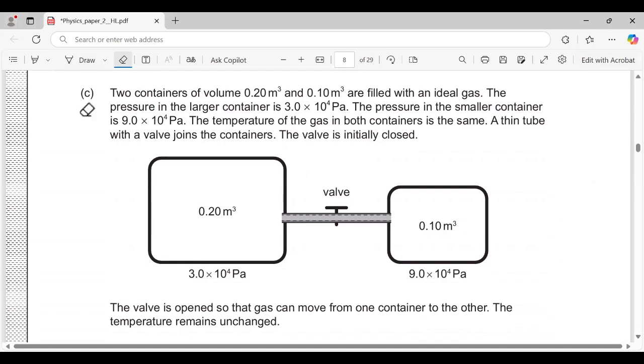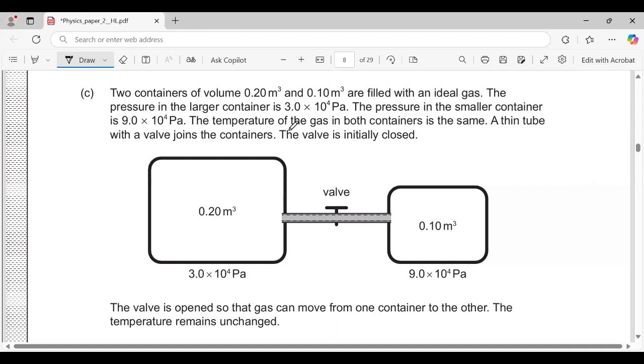Number C, two containers of volume 0.20 meter cubed and 0.10 meter cubed are filled with an ideal gas. The pressure in the larger container is 3.0 times 10 to the power 4 Pascal. The pressure in the smaller container is 9.0 times 10 to the power 4 Pascal.